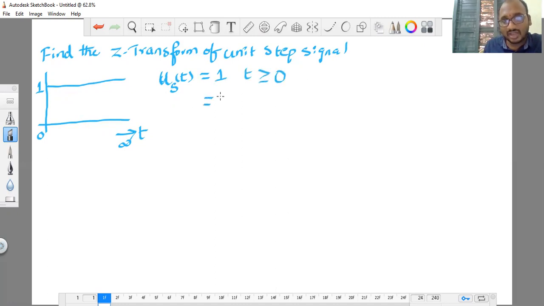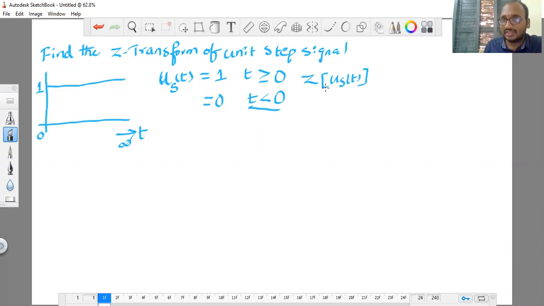The same function value is 0 for t less than 0. So our signal is this u_s of t. We have to find the Z transform of this u_s of t.